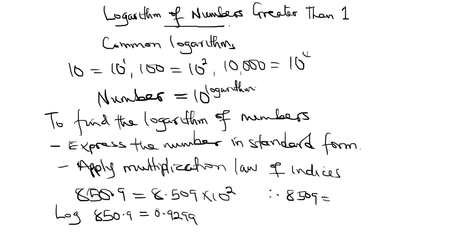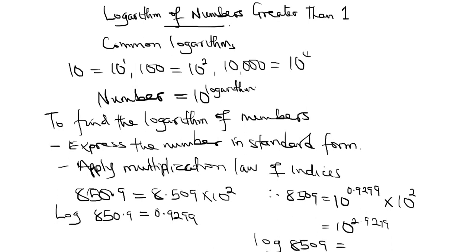And we multiply by 10 raised to power the integer, which is 2. And from there, we can say that this is equal to 10 raised to power 2.9299.